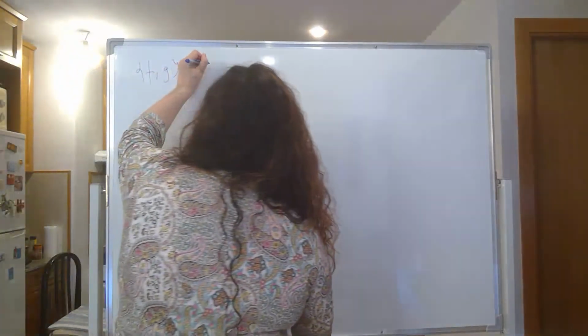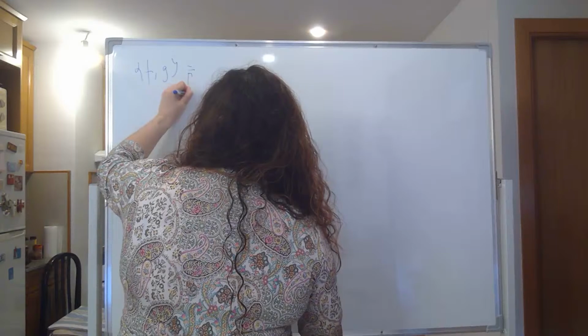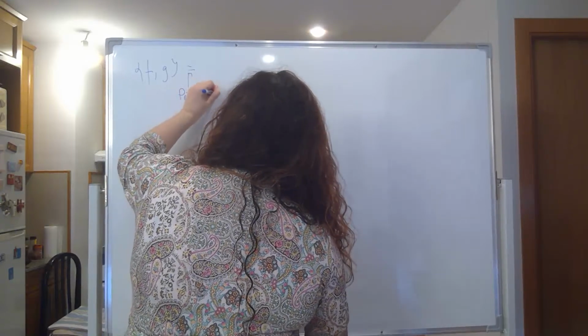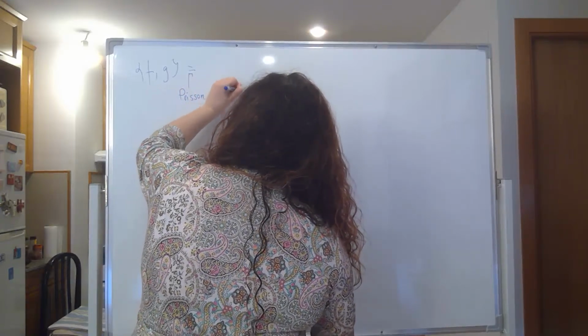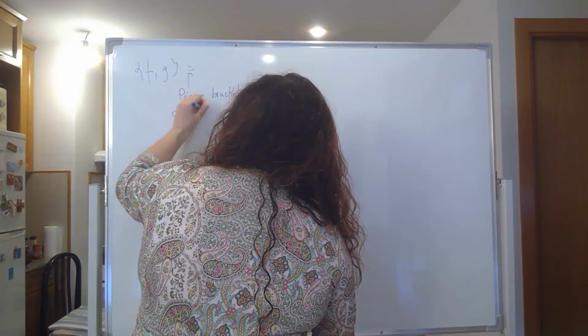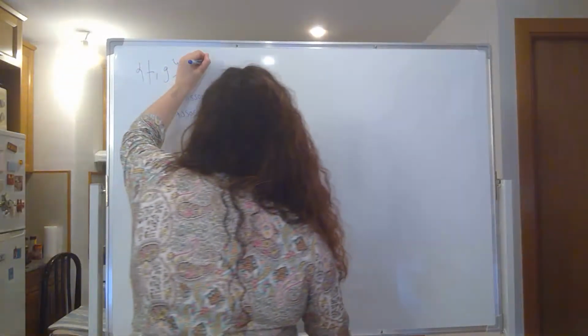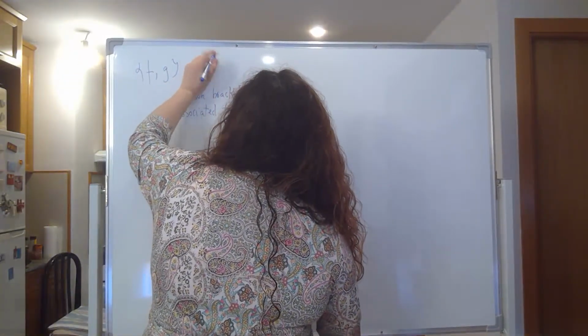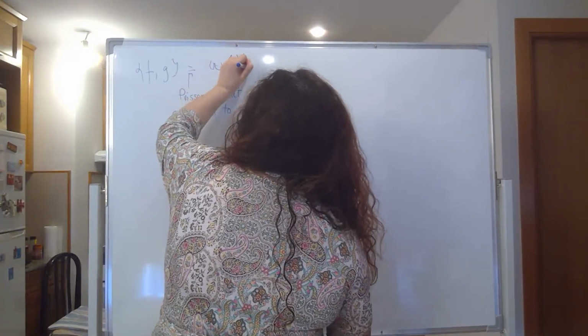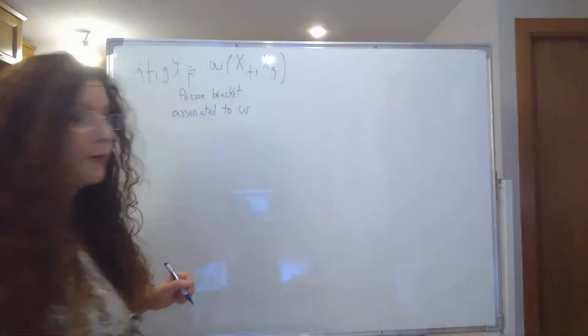So the definition is, the Poisson bracket associated to a symplectic form: we apply omega, the symplectic form, to the Hamiltonian vector fields of F and G in this order.